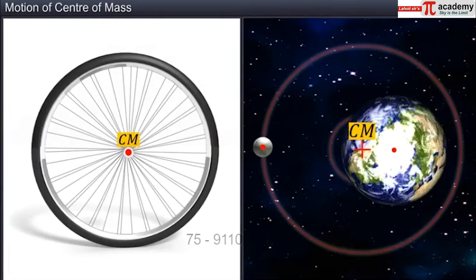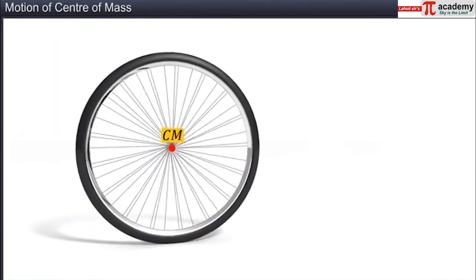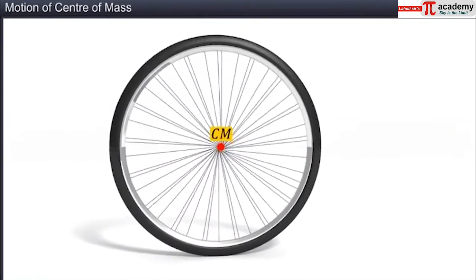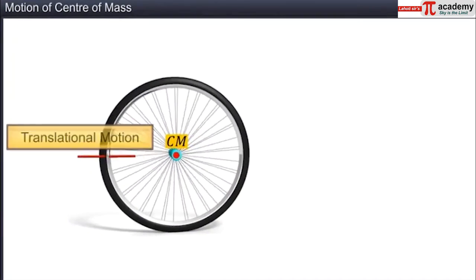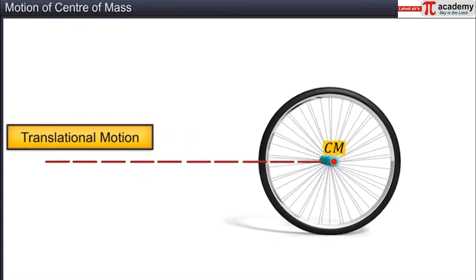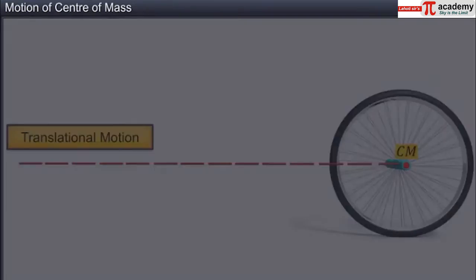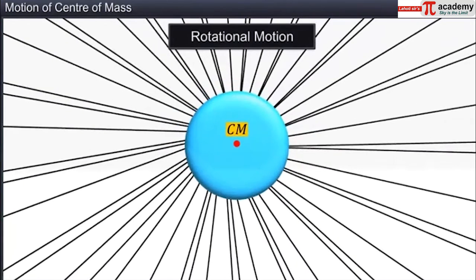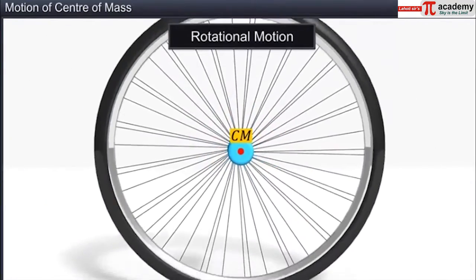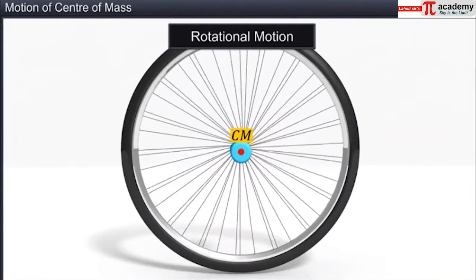In such cases, it is usually convenient to work with the reference frame that is attached to the center of mass of the system of particles. The motion of a rolling wheel can be considered as translational motion of the center of mass and rotational motion of all other particles about an axis passing through the center of mass.